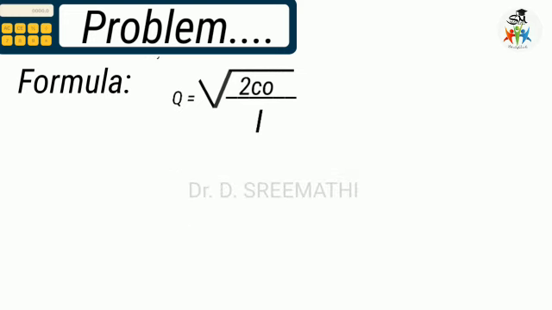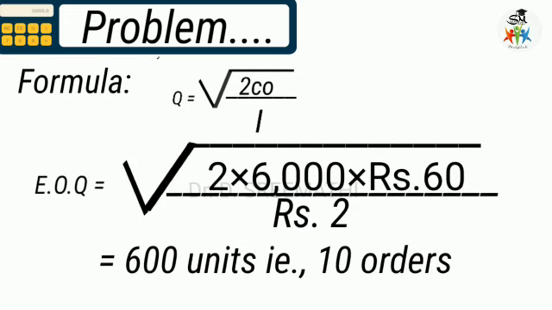Apply it into the formula. EOQ equals square root of 2 multiplied by annual usage of 6,000 units, multiplied by 60, that is the ordering cost, divided by 2 rupees. Then the square root of 3,60,000 is 600 units.